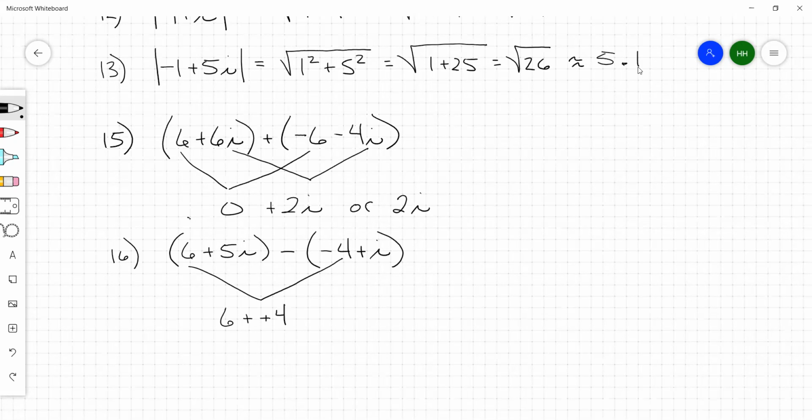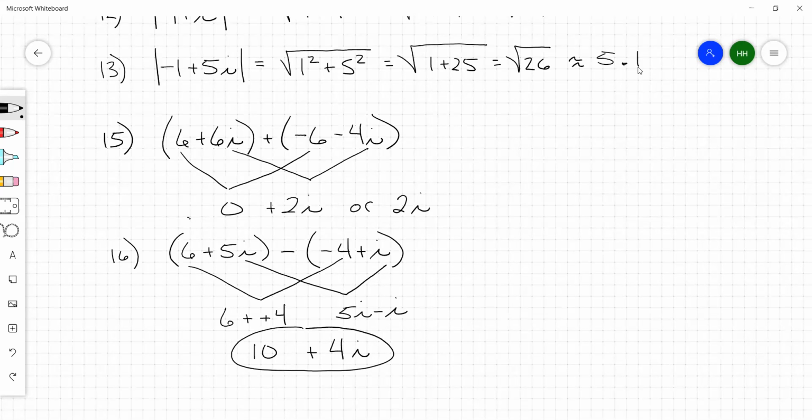That's 6 plus 4. That's 10. Right here, you got 5i minus i. 5i minus i is positive 4i. There you go. 10 plus 4i.